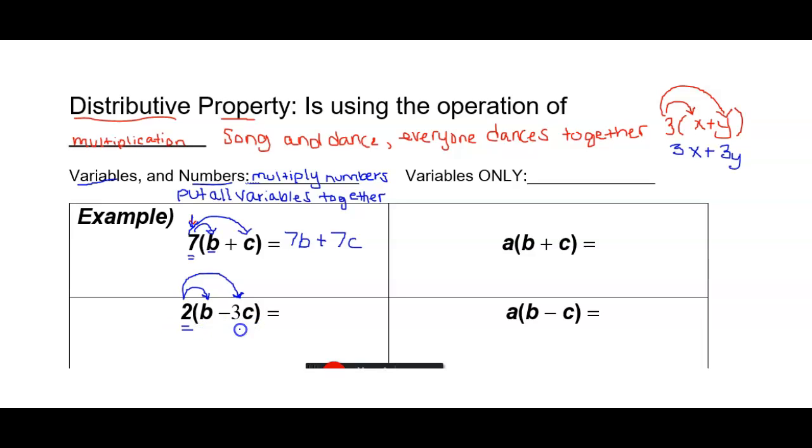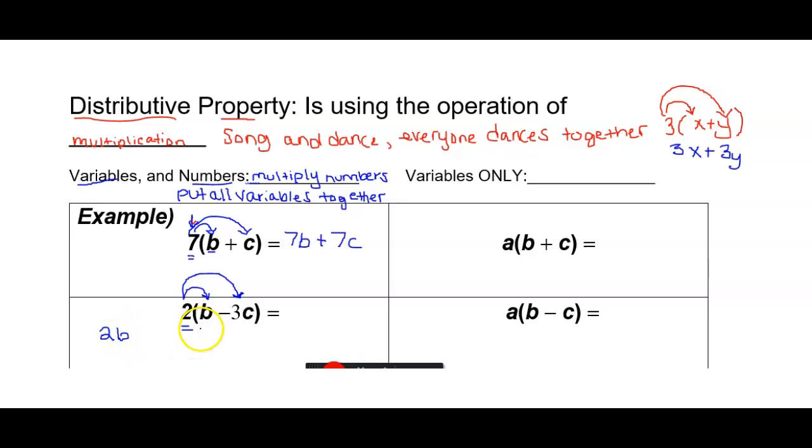So here's the song and dance that's going to happen. We're going to multiply the numbers, and then we're going to put all the variables together. So 2 dancing with the b, I can just put those together. All right. So I would have a 2b.